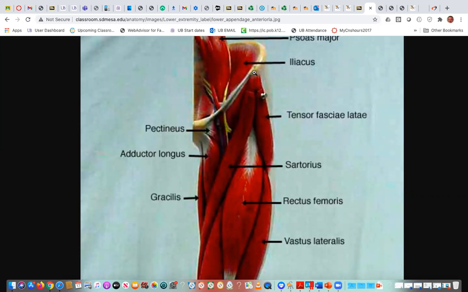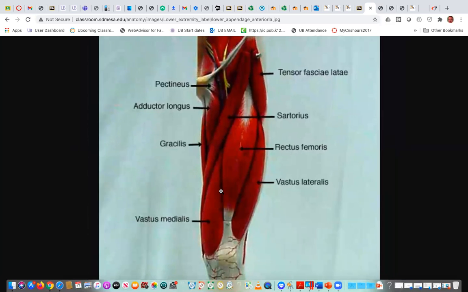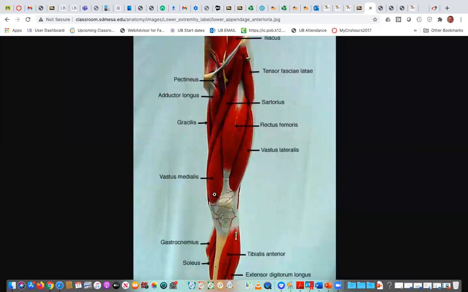The other muscle that originates on the anterior superior iliac spine, the ASIS, is the Sartorius. The Sartorius is the longest muscle in the body. You can see that it originates on the ASIS. It's superficial, it comes down and it attaches right here. It crosses over the knee and attaches medial to the tibial tubercle right here on this region called the pes anserine.